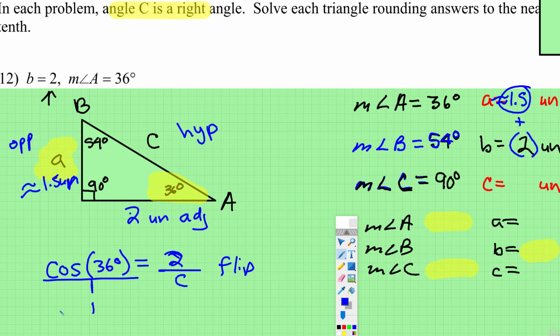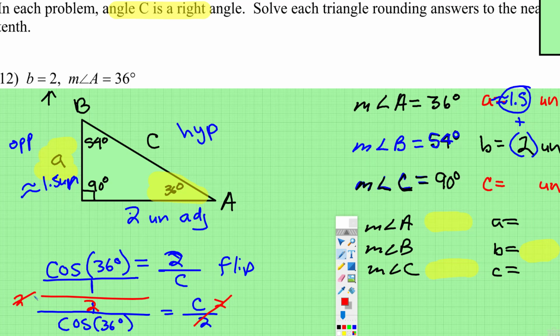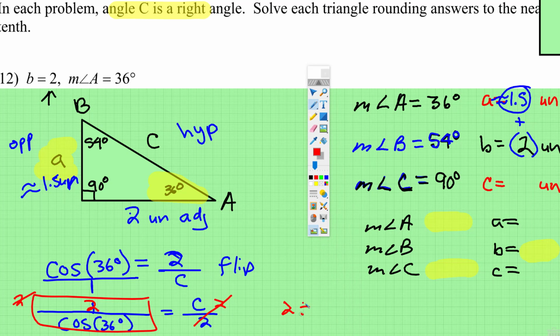So now we can write 1 over cosine of 36 degrees is equal to C divided by 2. And now the inverse of dividing by 2 is multiply by 2. Well, 2 times 1 is 2. And now in your calculator, you're going to type 2 divided by cosine 36, and you're not going to type in degrees, 36, close the parentheses, and then hit enter.